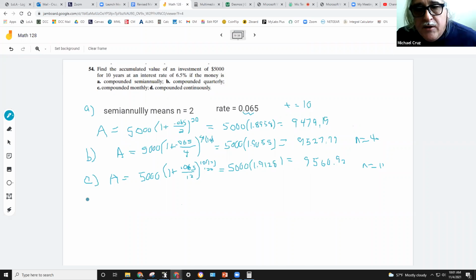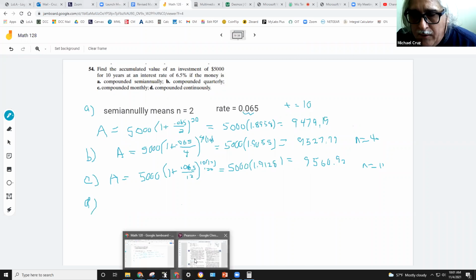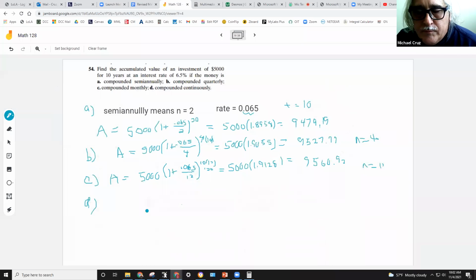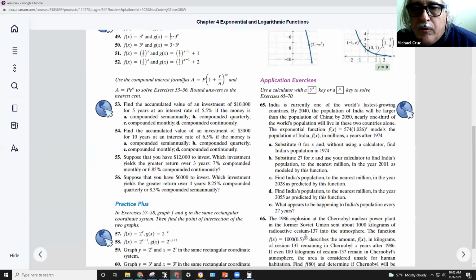Okay, the last one's actually an easier calculation because we're using the function over here, the PERT. The way I always remembered that was that it spells PERT. All I'm doing is taking P times e to the rt.